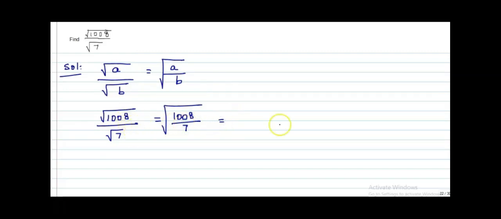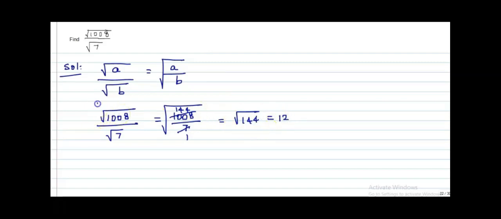We are going to cancel: 7 1s are 7, 7 4s are 28. So it's going to be root of 144, which is 12.